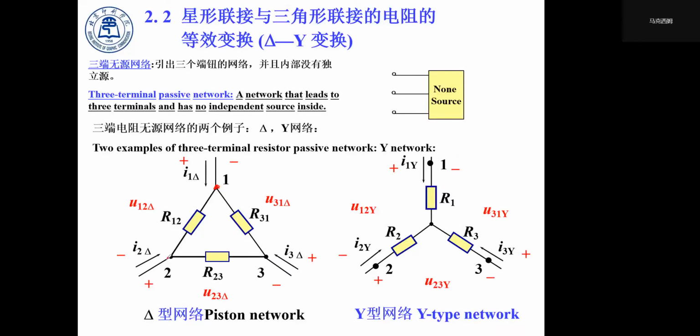You can see that the delta one has terminals 1, 2, 3, and the Y-shaped one also has 3 output terminals. So those two are both three-terminal passive networks. But obviously, their inner construction relationship is different. They have a different inner shape and relationship.